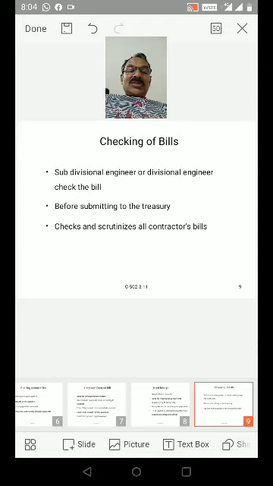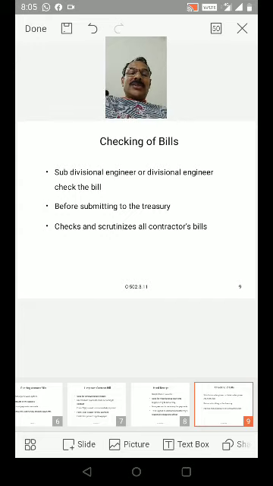So checking of bills: the subdivisional engineer or divisional engineer checks the bills. Subdivisional engineer means the deputy executive engineer who heads the subdivision, and divisional engineer is the executive engineer who heads the division.